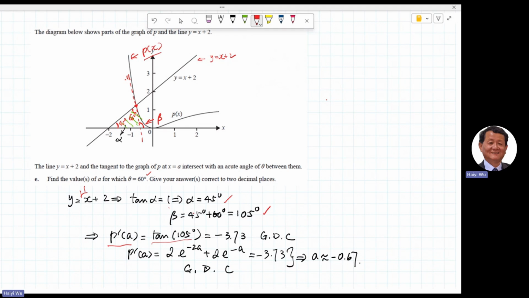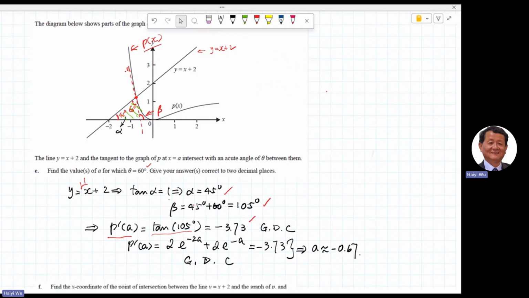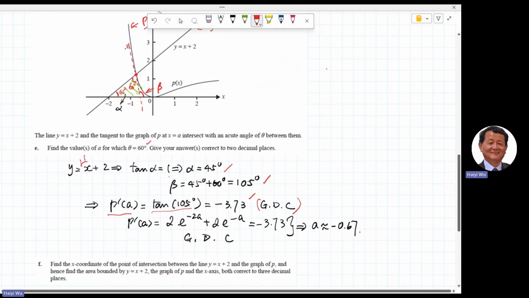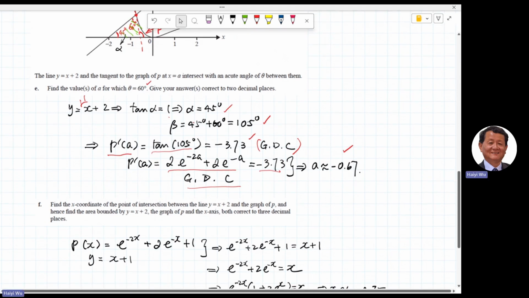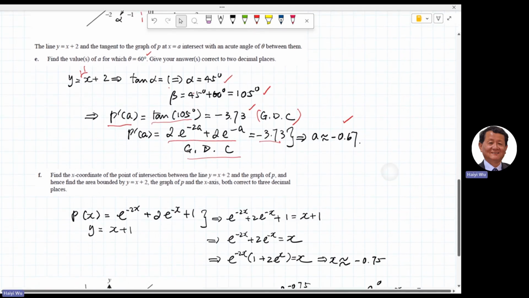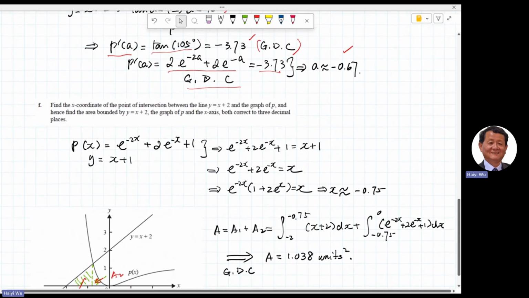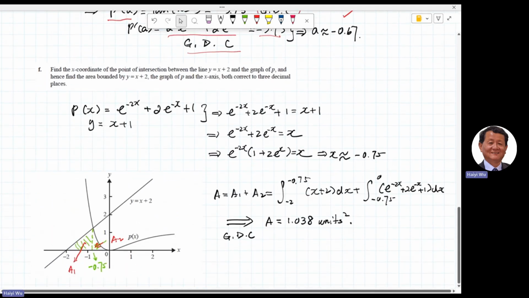We can use the graphics digital calculator to find it, negative 3.73. My gradient formula is already given, but we need to find a, so we set it equal to this value. Using the GDC, a is negative 0.67.